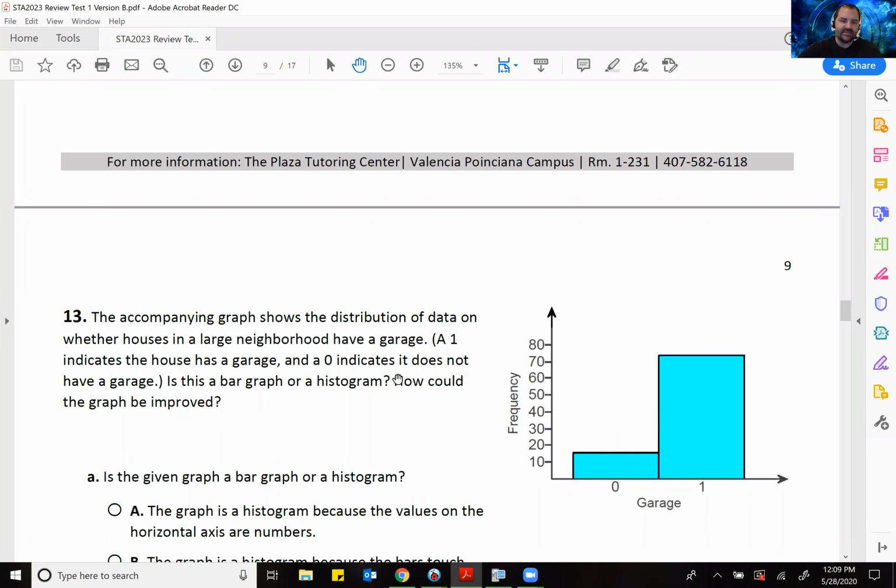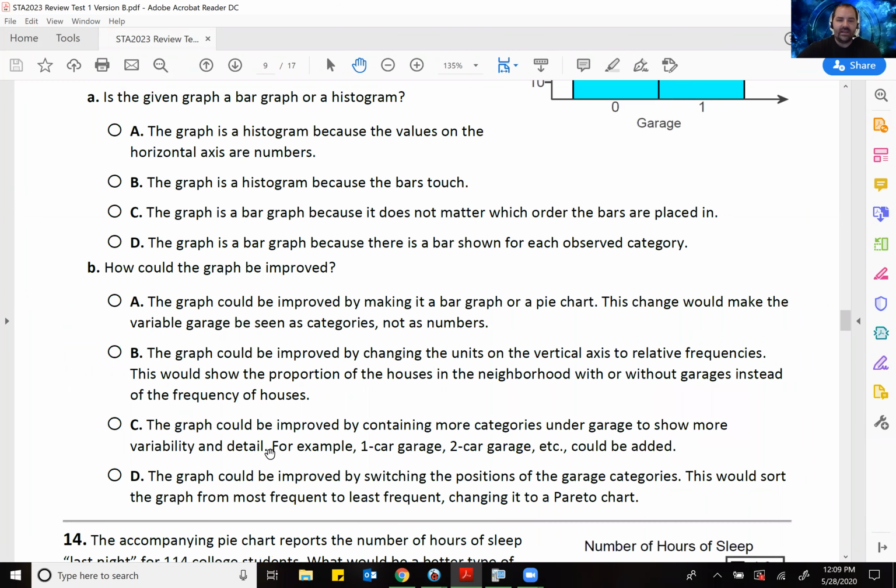That's why D isn't a good call. And then having 1 garage, 2 garages depends on what you're after. This is kind of just junk right here. When it comes to bar graphs, you don't want to make it too detailed. So I would definitely say the answer is A. Everyone good? All right.